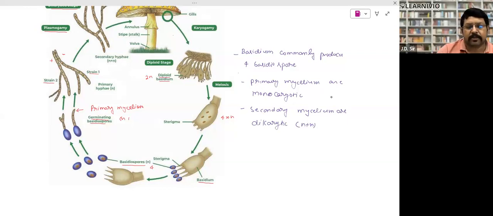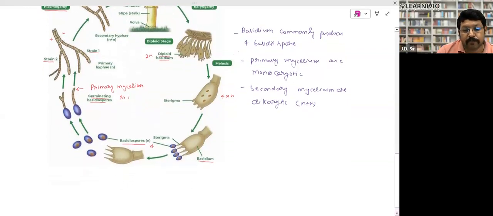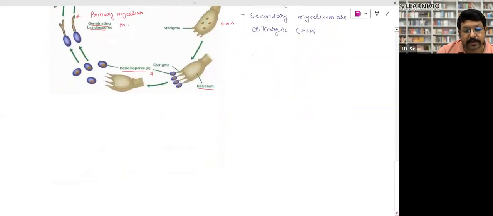Now the last part is the examples, right? Who are the members of this Ascomycetes, Basidiomycetes, sorry? They are very important examples. So the rust is caused by Puccinia graminis. Rust is a kind of disease where the wheat becomes black, right?